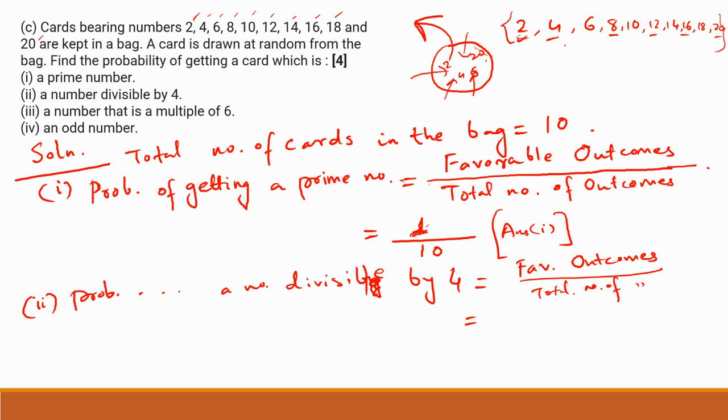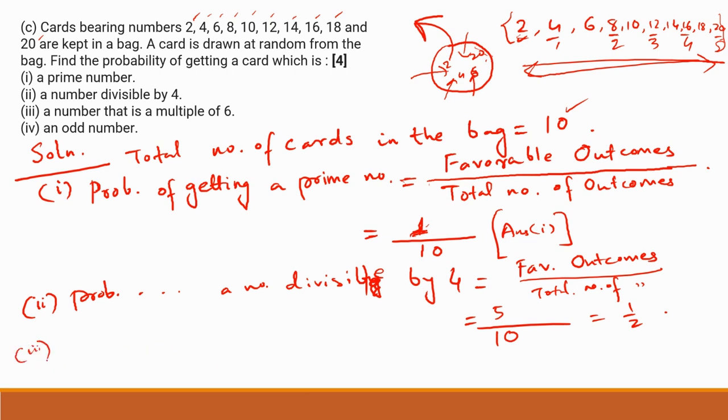So how many numbers are there in this set which are divisible by 4? 1, 2, 3, 4, 5. So 5 numbers are divisible by 4, and the total number of outcomes is 10. So this gives us 1 by 2.